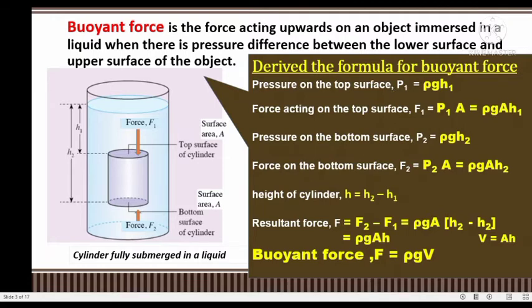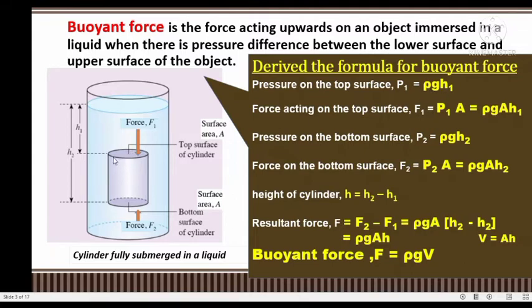We have discussed before the concept of pressure. I hope you still remember pressure in liquid. For the top surface, the pressure we can label as P1. We can determine it by using the formula for pressure in liquid, rho gh.